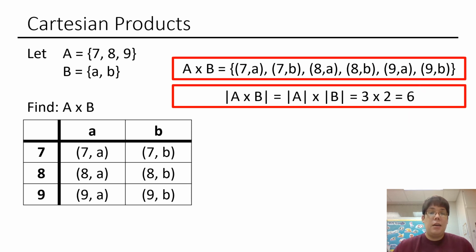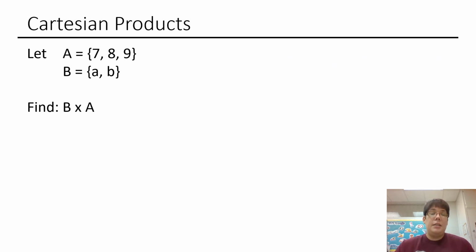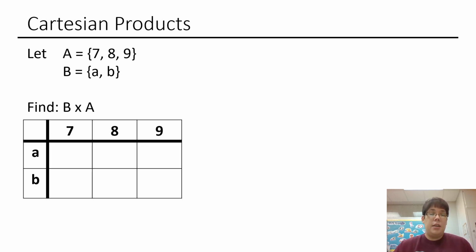Okay. Now let's take the same sets and instead find B crossed with A. And you're going to see that this is actually a different set. You would think it'd be the same, but it's not. So let's line up our table. Again, I take the first set and line it up on the vertical axis, I take my second set and line it up on the horizontal axis, and then you do your cross products.